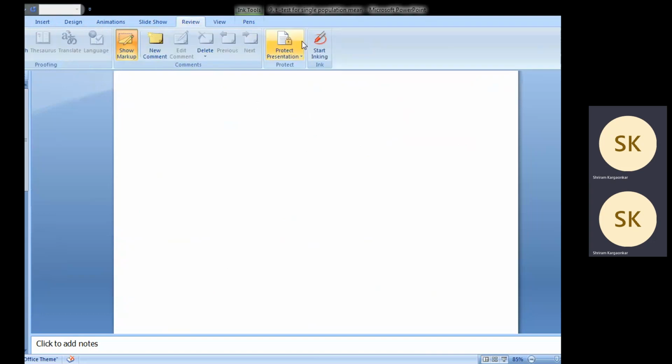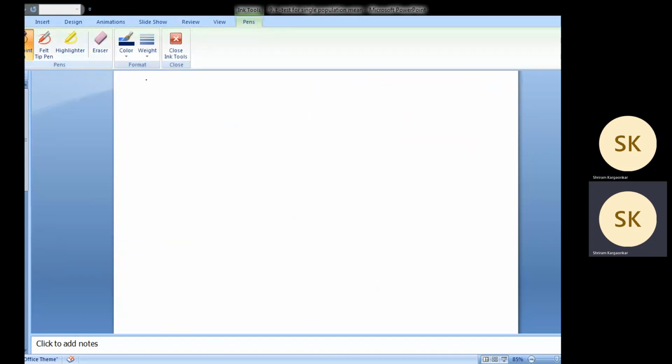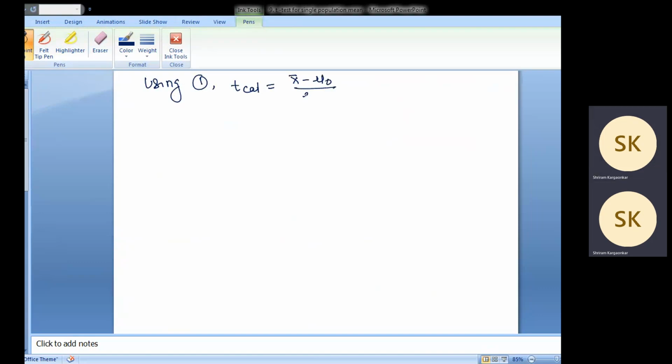So using formula 1, the calculated value we can get using this formula: x bar minus mu naught upon this one. Okay, so put the values here.